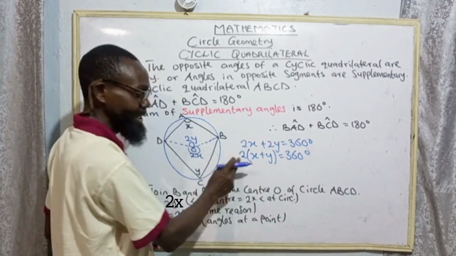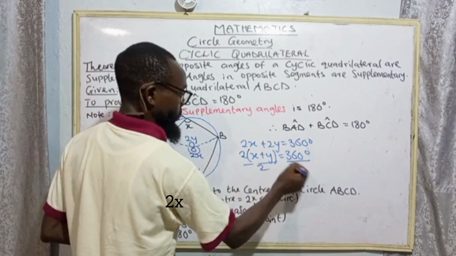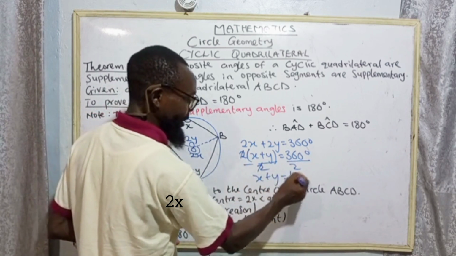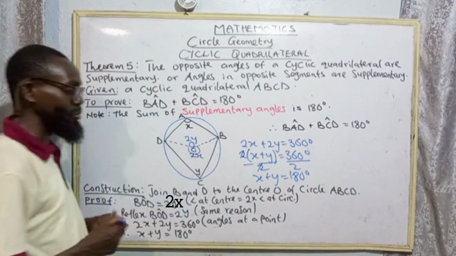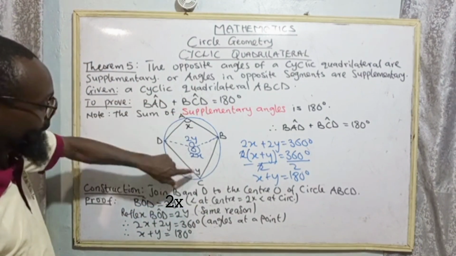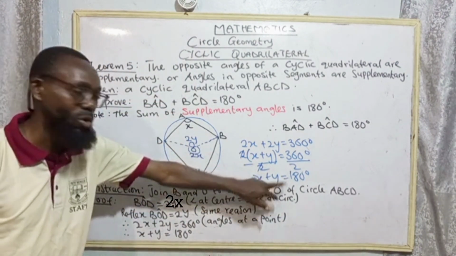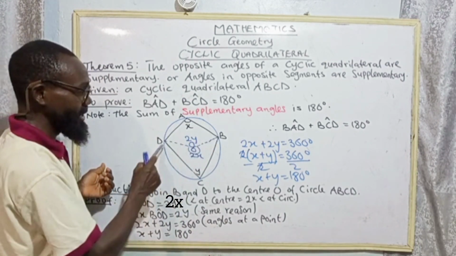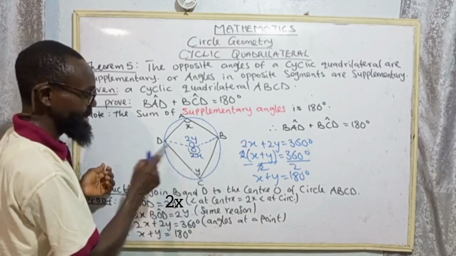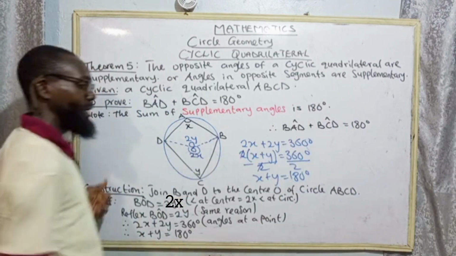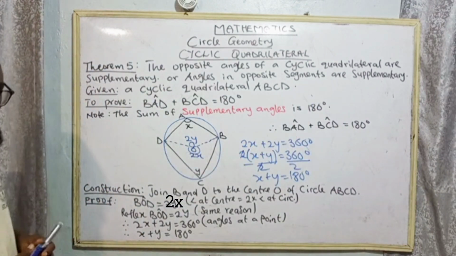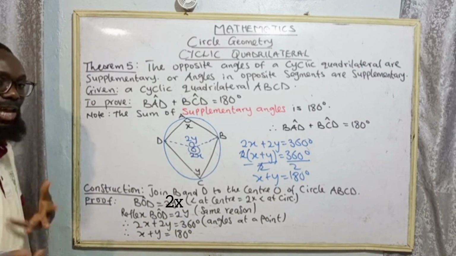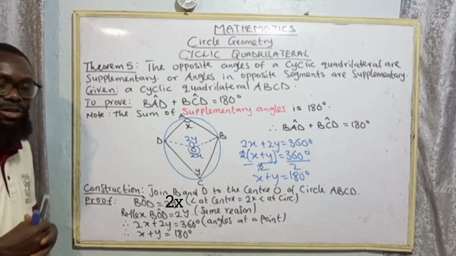Divide both sides by 2. x plus y equals 180 degrees. Meaning if I sum the angle x together with angle y, it must give me what? 180 degrees. Therefore, angle BAD plus angle BCD is equal to 180 degrees.